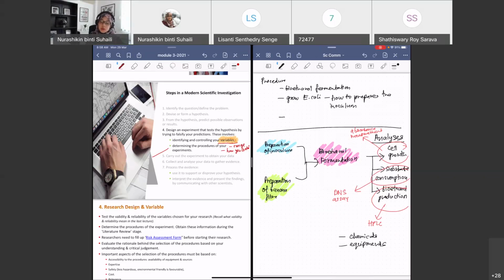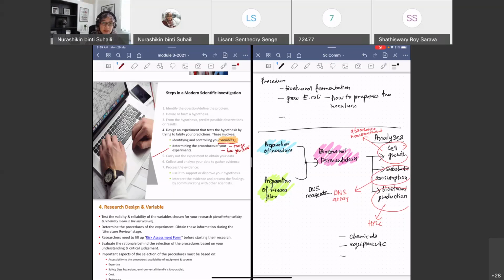Of course, when you measure the absorbance, you will use a cuvette, the one that you put the culture growth into, and you put it into the spectrophotometer. So the equipment is a spectrophotometer. For the DNS assay, it has its own reagent. So you have to know what chemicals are needed to prepare the DNS reagent and how you're going to do the assay.